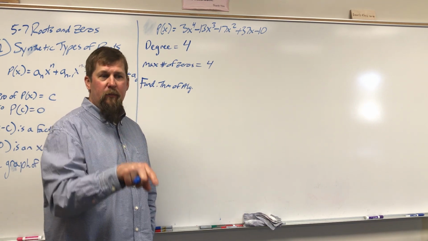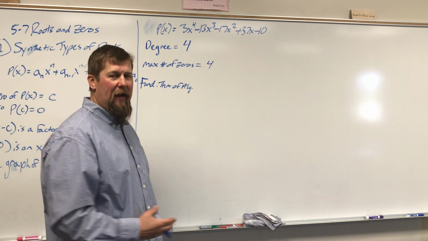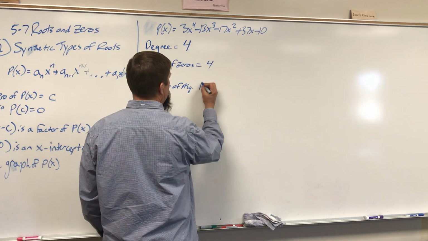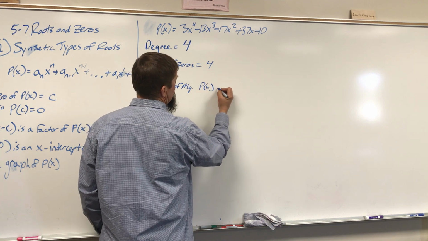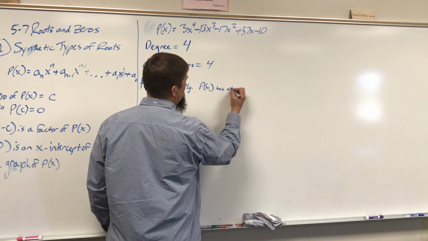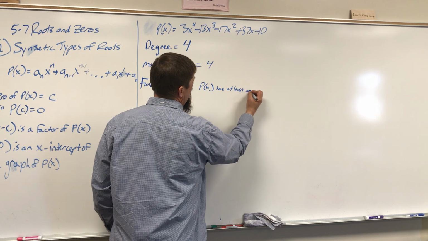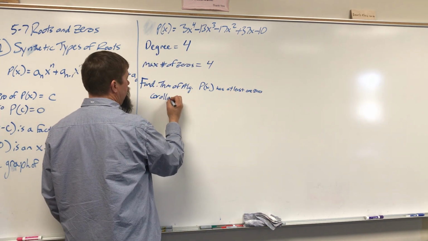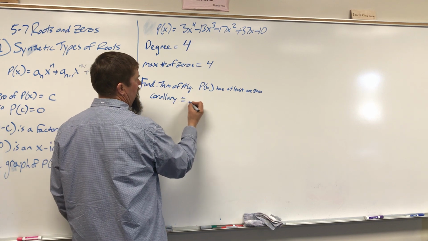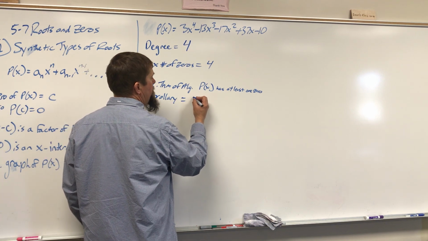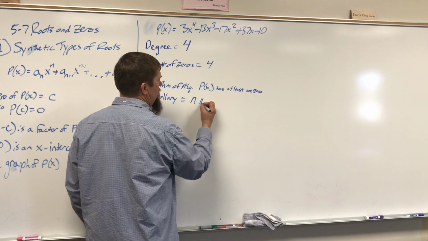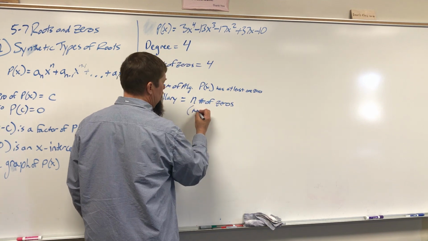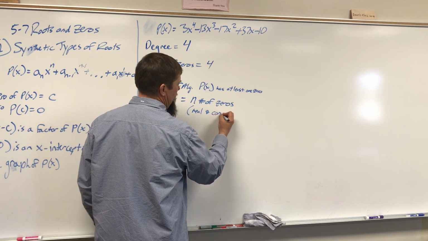If you read in the book on the next page, it talks about a corollary. This one says P of x has at least 1 zero. The corollary says there is n number of zeros, real and complex.